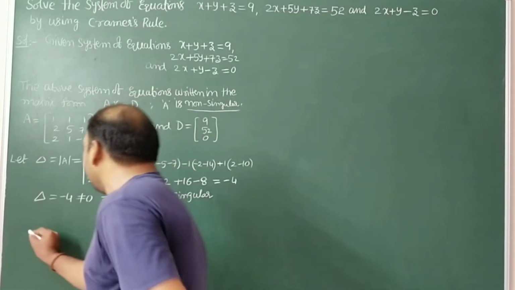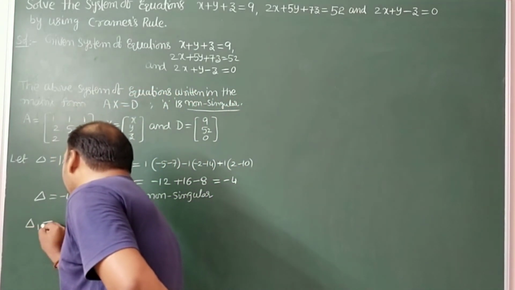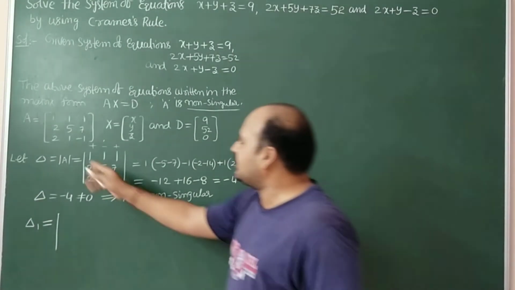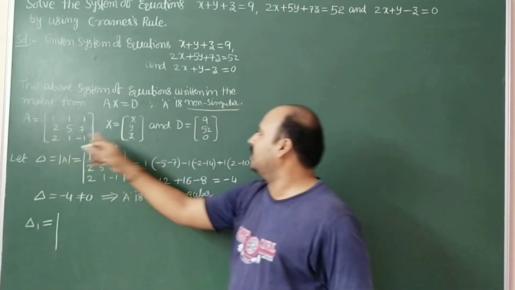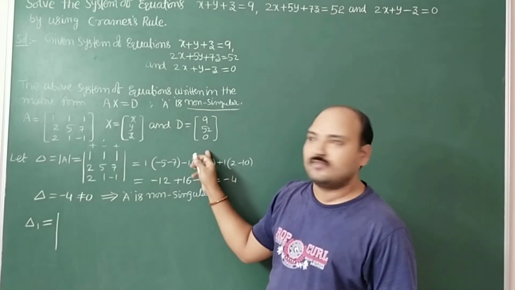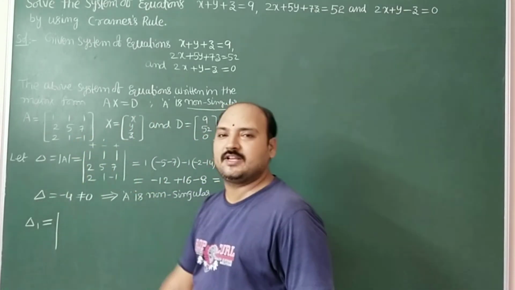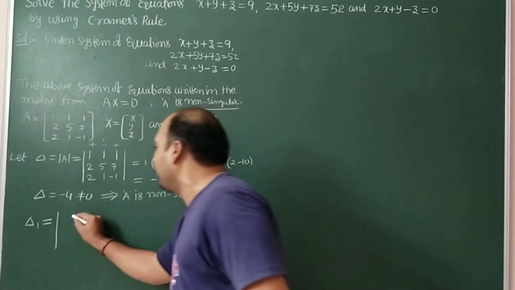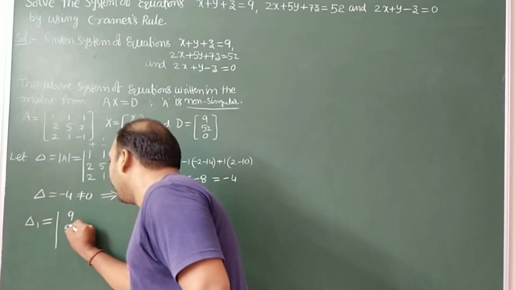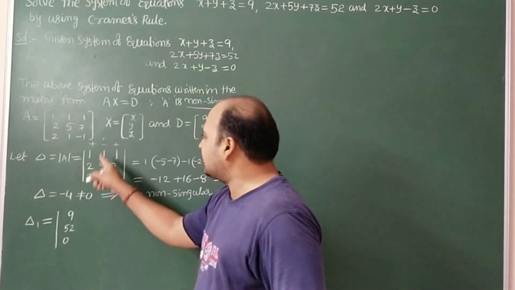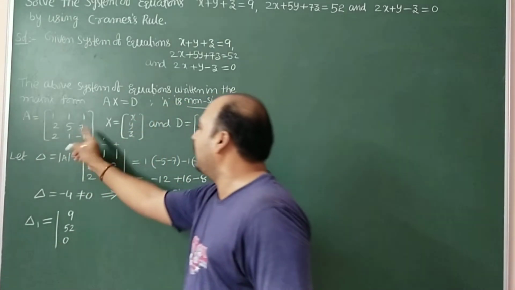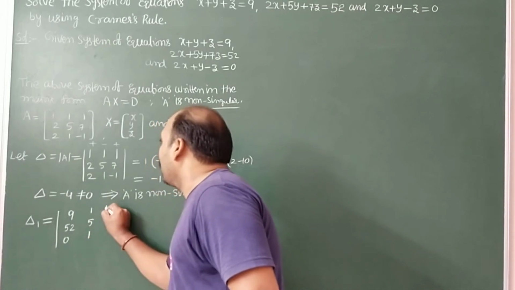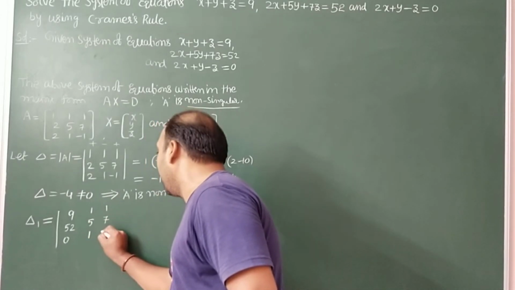Now, consider delta 1. We know that for delta 1, the first column is replaced with the constant matrix in the coefficient matrix. So the first column is replaced with 9, 52, 0. The second and third columns will be the same: 1 1, 5 7, 1 minus 1.